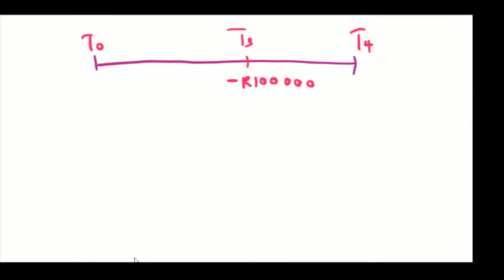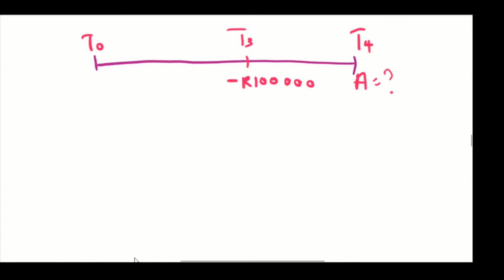We want to know how much we're going to have at T4. Instead of just writing the future value annuity, you can just say the amount, because this is wrong. Just say the amount, the accumulated amount at T4, right?